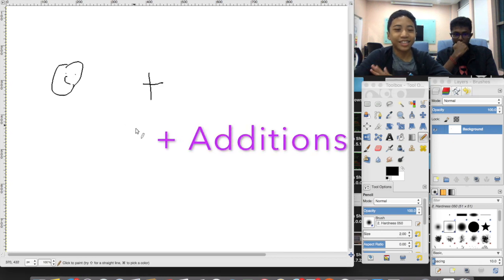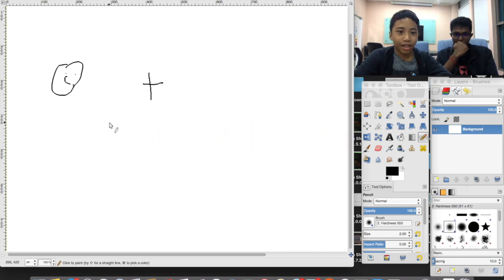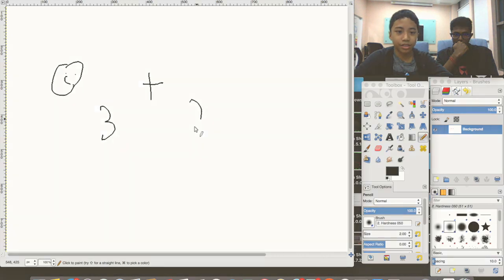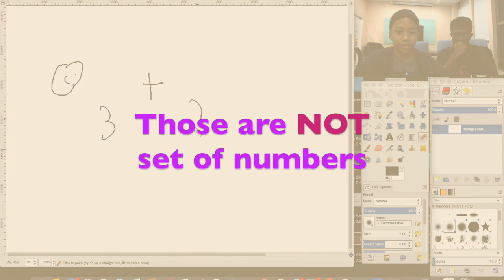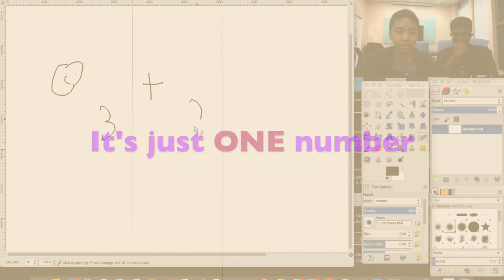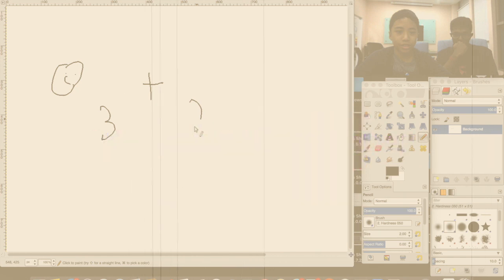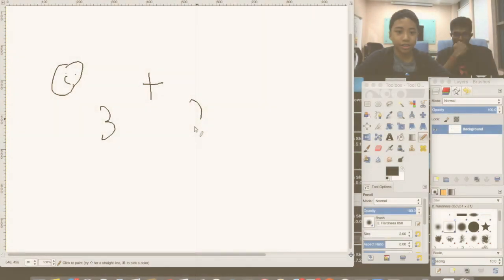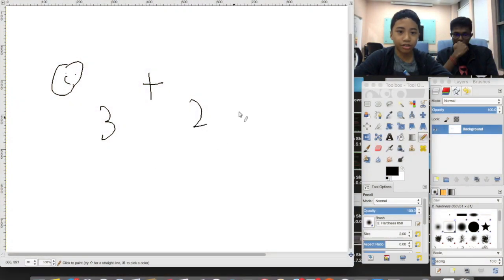Let's start with addition. How addition works is that we combine two sets of numbers into becoming one full number, like we combine 3 with 2 and we get 5.